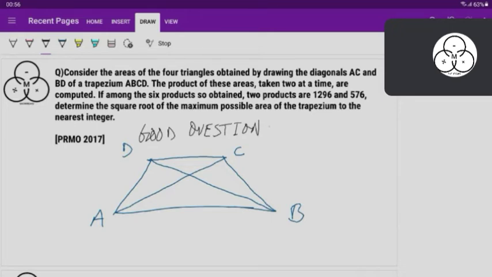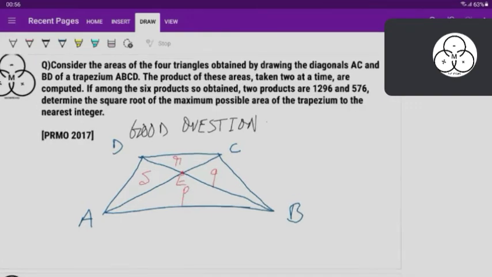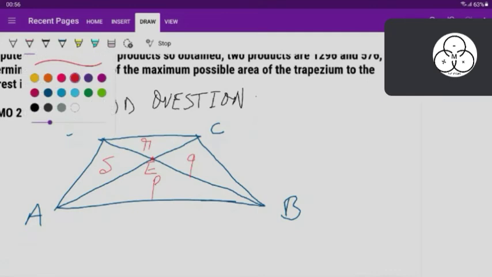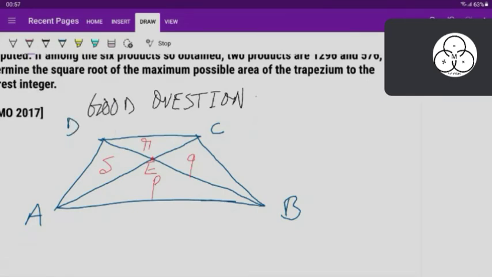Let us assume the area of this triangle is P. At this point of intersection E, this area is Q, this is R, this is S. PQRS. What we have already discussed at the very beginning.